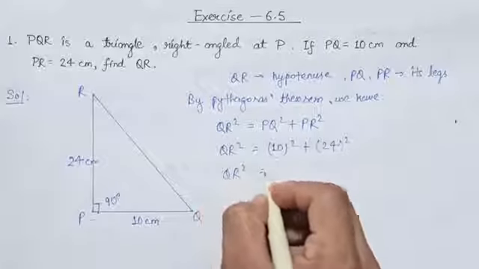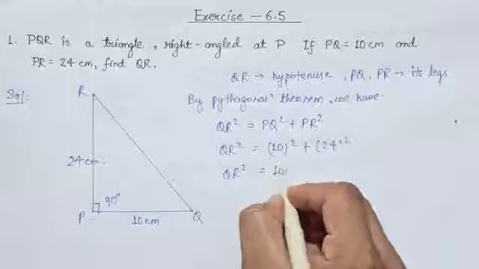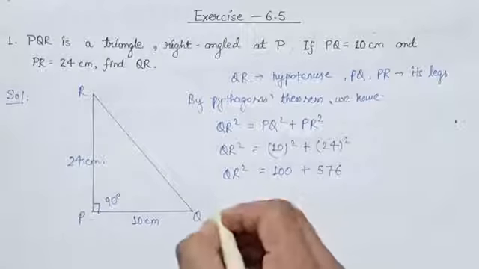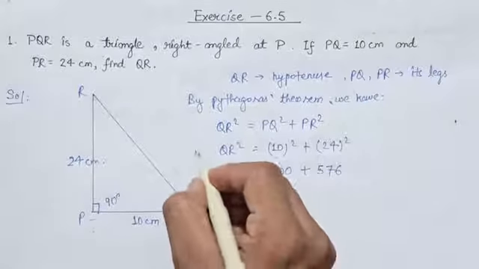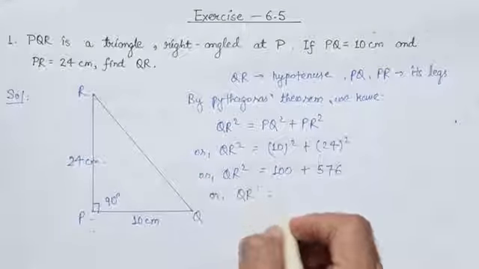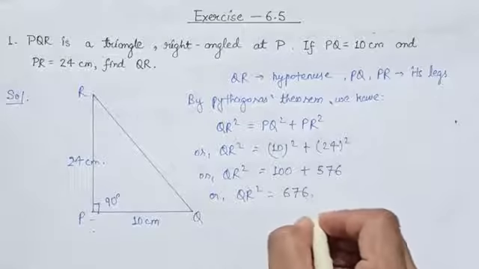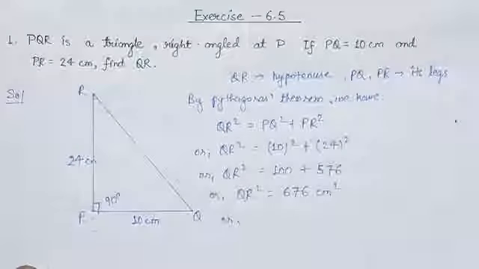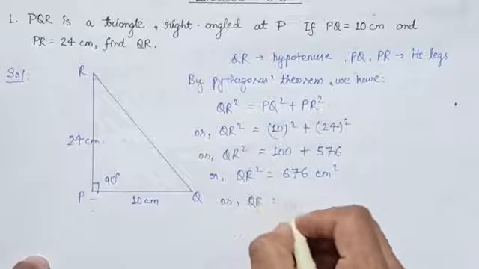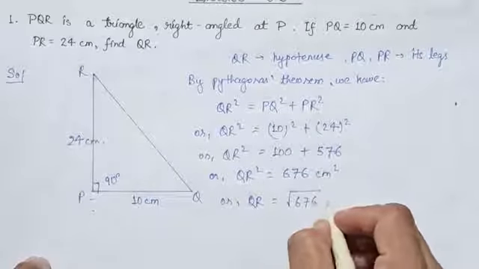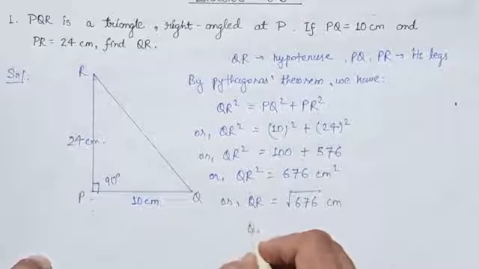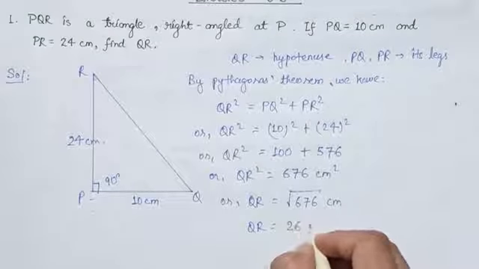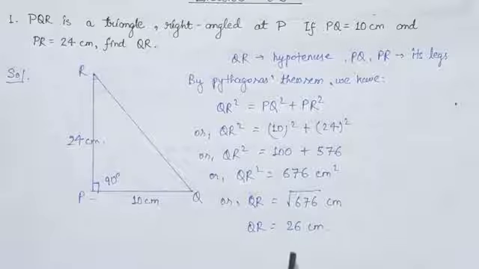So QR square is equal to 100 plus 576, that is 676 centimeter square. From here, QR is equal to square root of 676 centimeter. 676 is the square of 26, hence QR is equal to 26 centimeter. This is the value of QR.